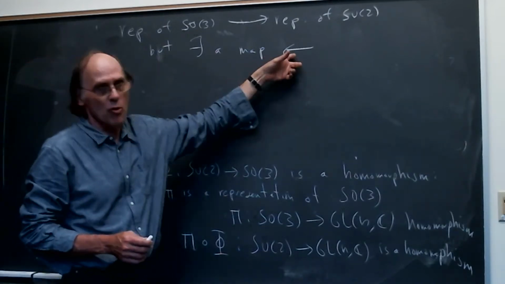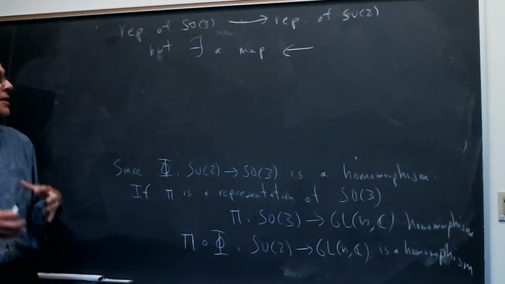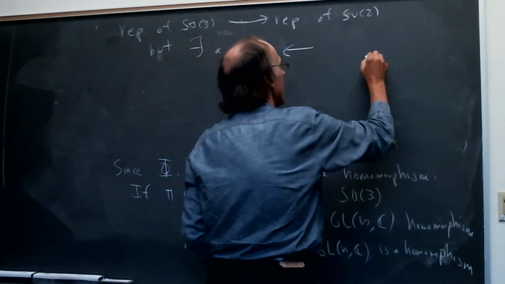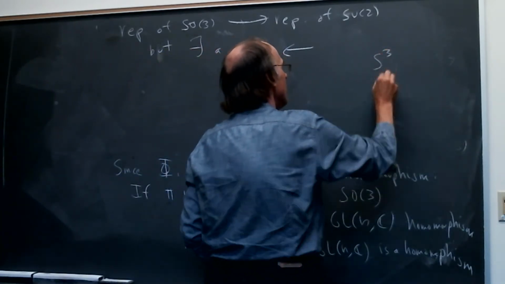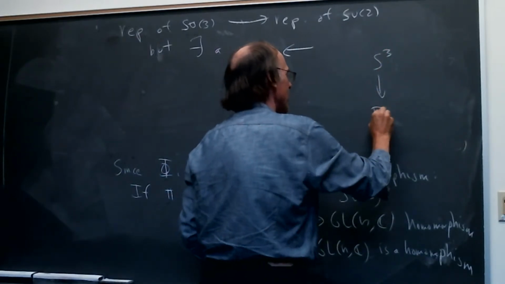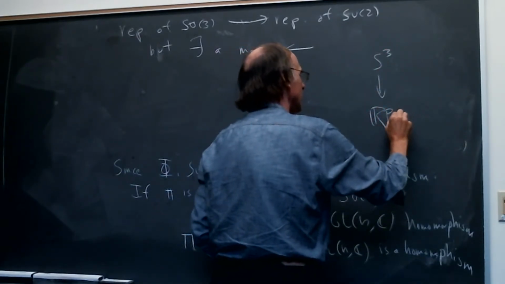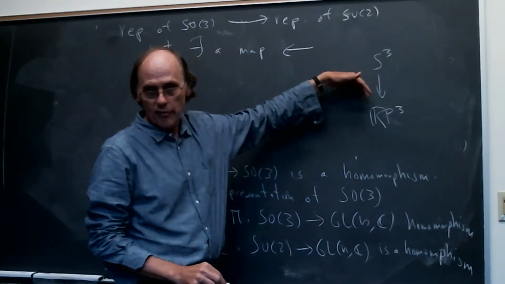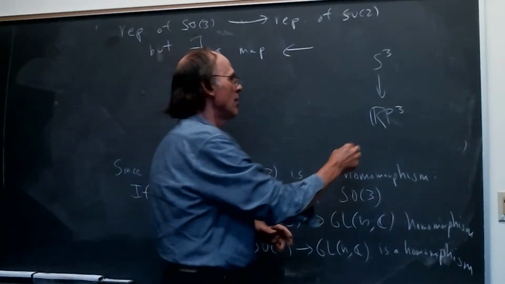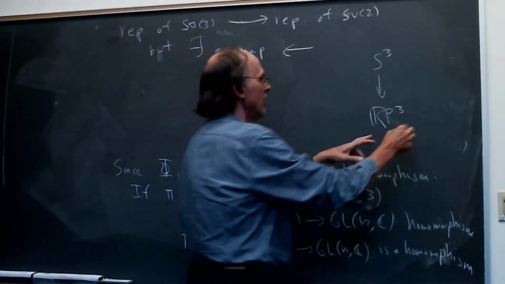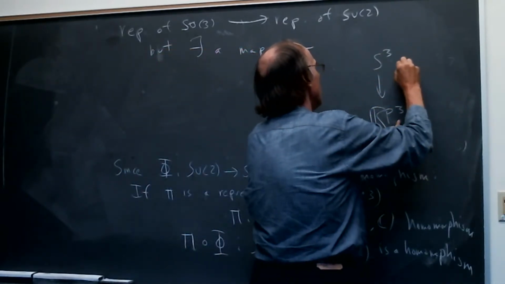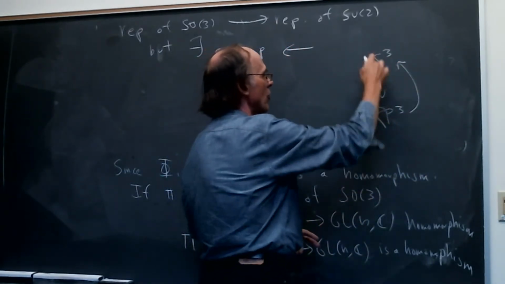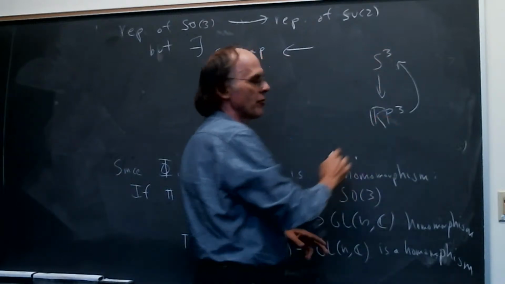One way to see it is actually just pure topology. If you know some topology, you've got S3 going down to RP3. This is your double cover map. There is no continuous map from here to here such that if you went back up and came back down, it would be the identity.